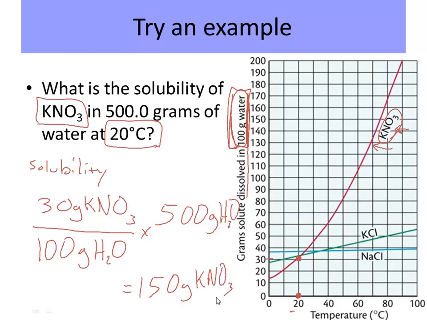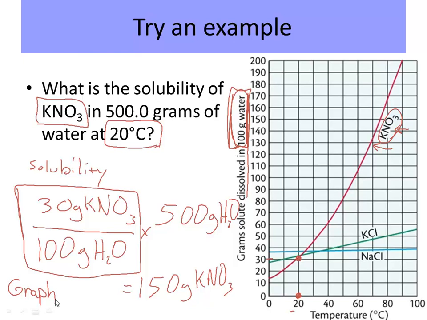Does that make sense? So this solubility, the key thing is, where do we get that point from? We get this from the graph. We look at the graph to get this, and then we consider how much water we have, how much solvent.